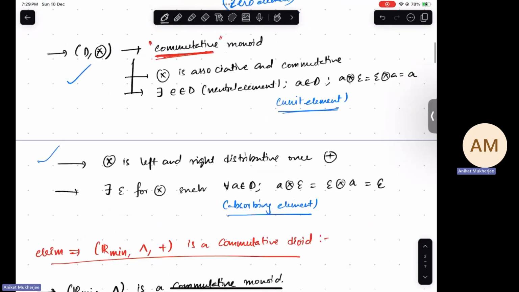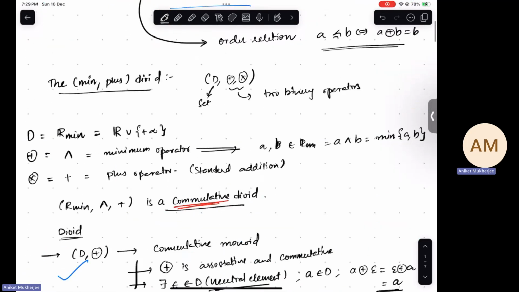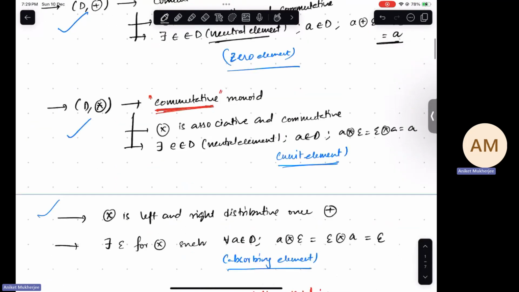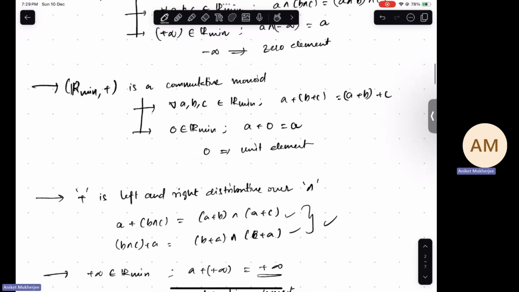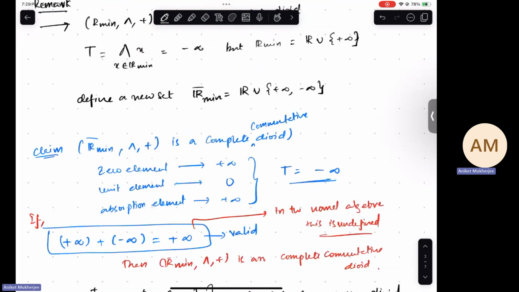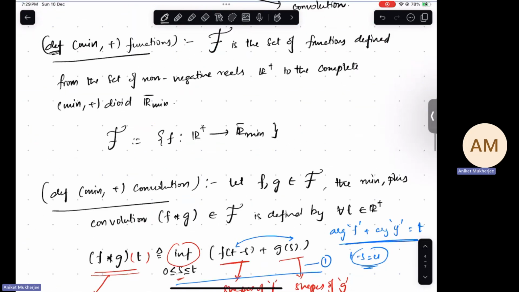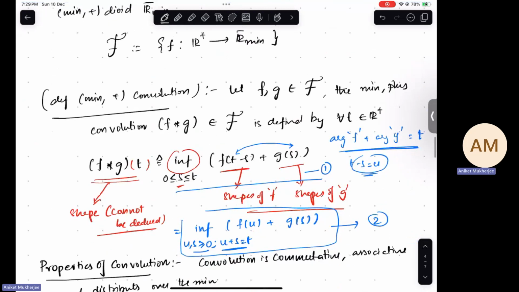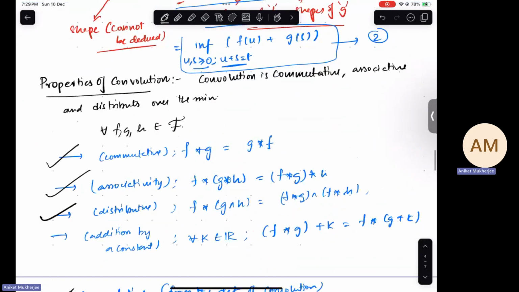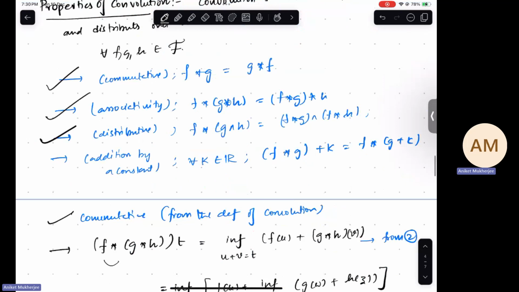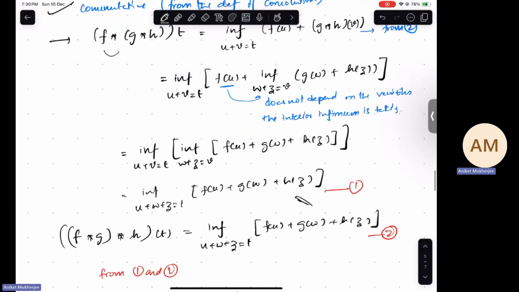So today, what did we see? We showed how the min plus dioid is a commutative dioid. Then we defined something known as min plus functions, and we defined operators on those functions. One of the operators defined was the convolution operator. We saw some properties of the convolution operator, such as commutativity, associativity, distributivity, and addition by a constant.